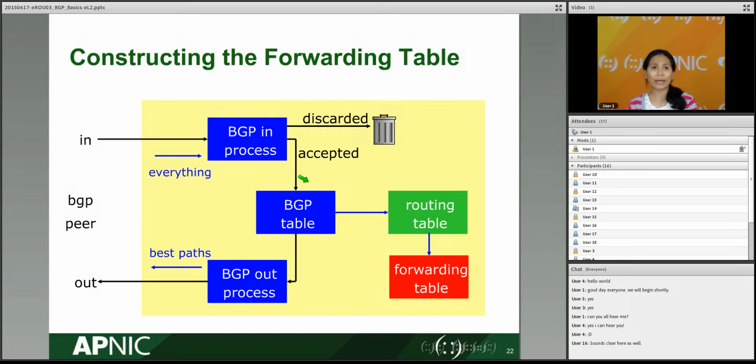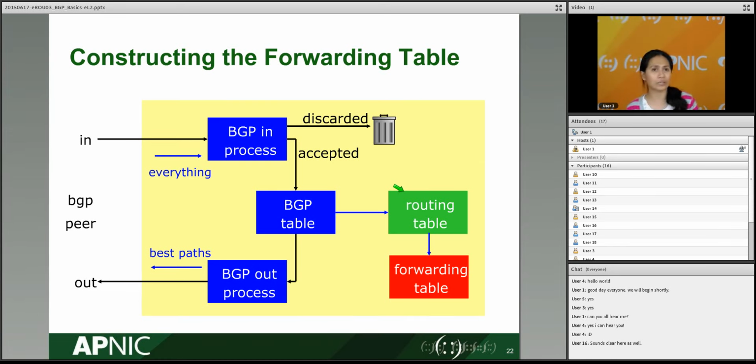Now going out, which ones are announced as best path going into the peers? The best path is still in the BGP routing table. Then this table is passed on to the BGP out process. This BGP table goes through either the routing table and the forwarding table. The routing table contains all the possible paths.